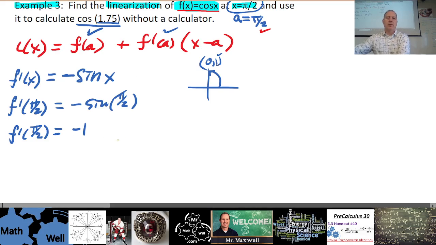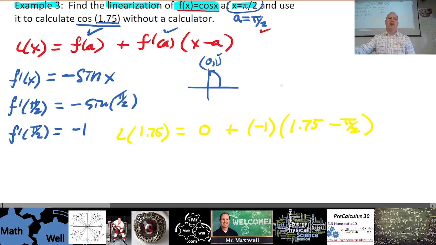I'll use yellow. Can you guys see yellow okay? So the linearization of, oh shoot, I messed up already. Pi over 2, right? No, 1.75. 1.75 goes there. f of a we said was 0. f prime of a is negative 1. And x minus a is going to be 1.75 minus pi over 2.